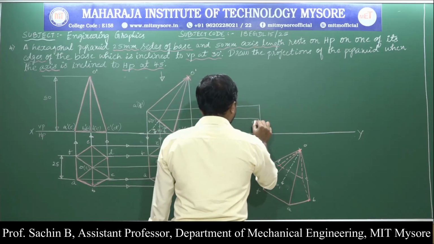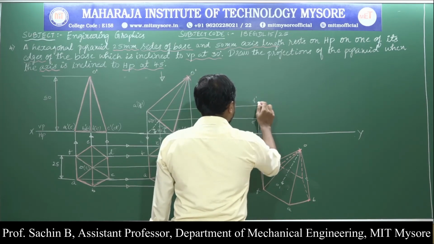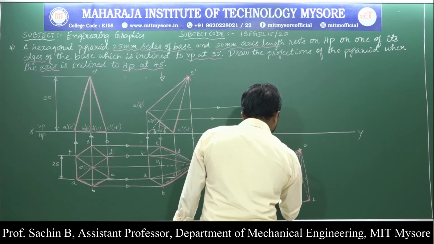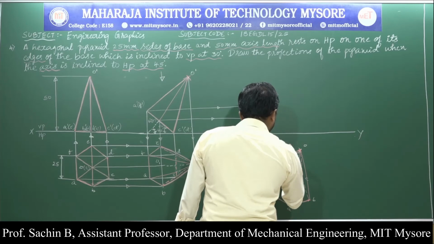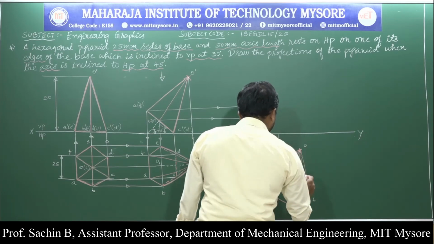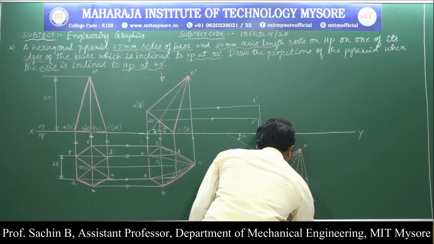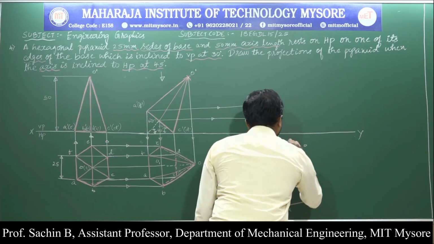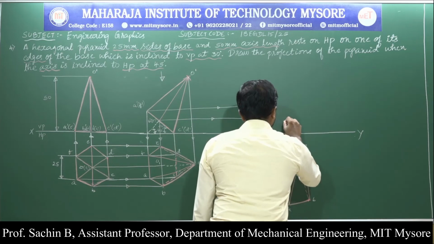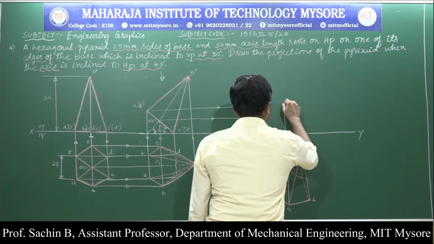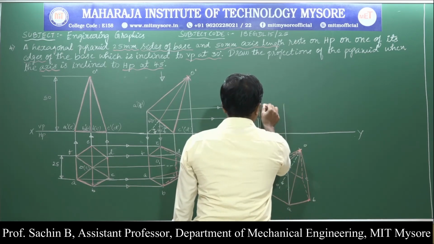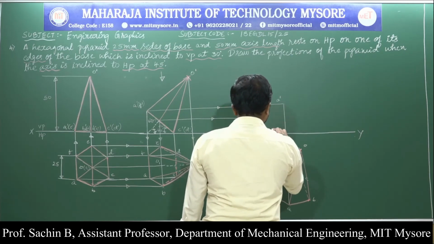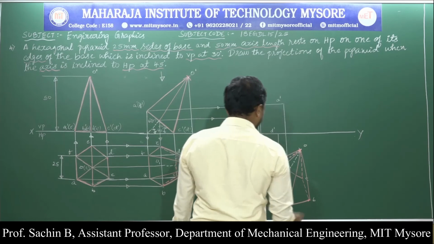This is E dash, this is F dash. Again from D point, I am extending this line. Again from A point, this is D dash.